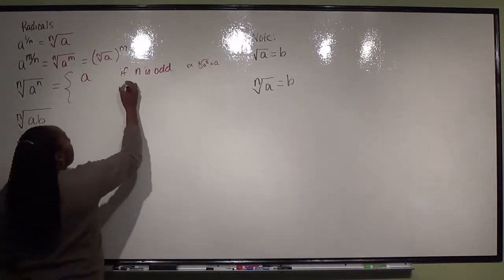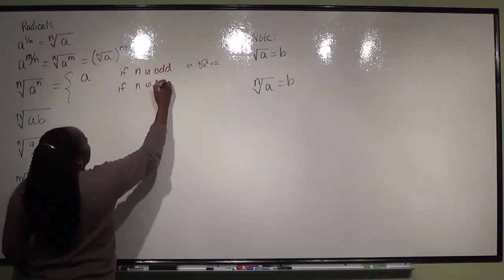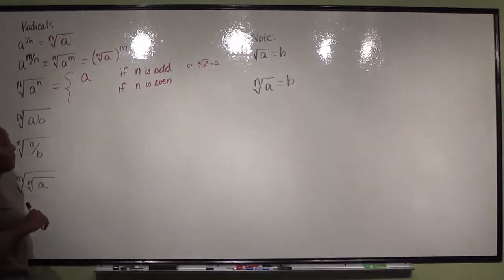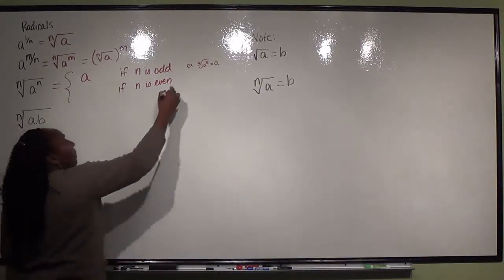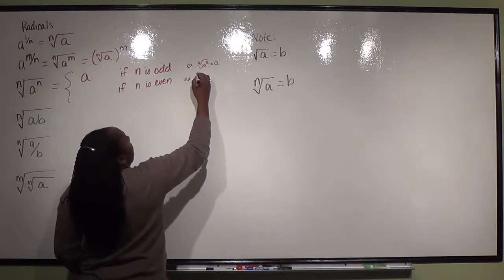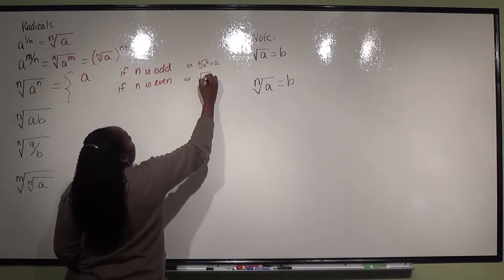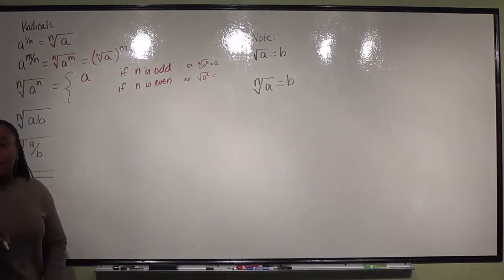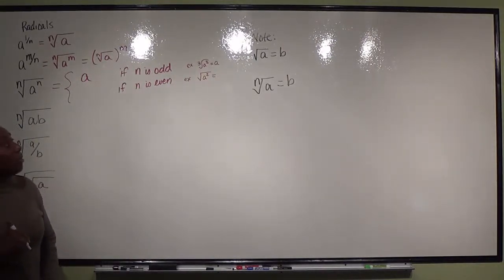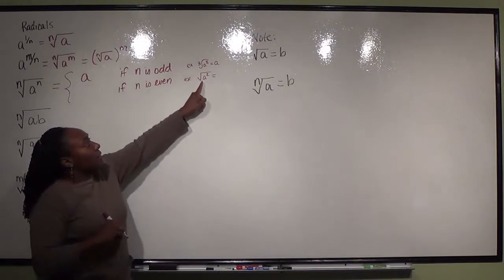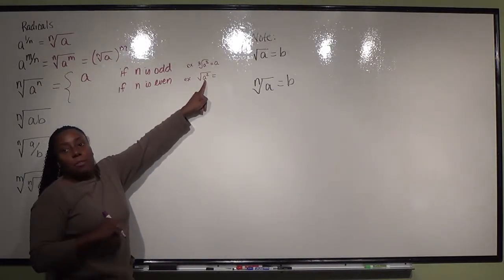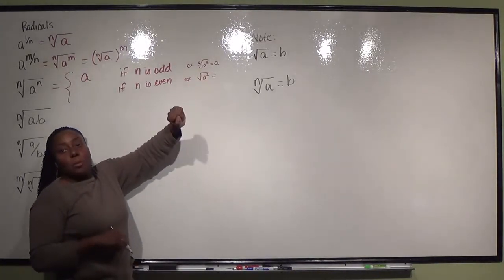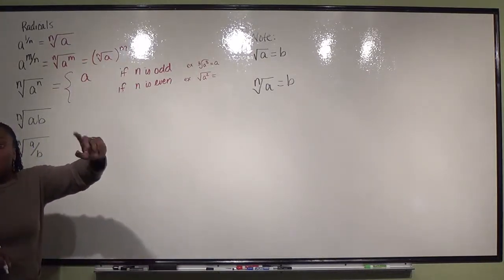But if my n is even, so if I looked, for example, at the square root of a squared, here there's actually two values I can use. Because if I look at negative 2 squared and then took the square root of that, I'm going to get 2.